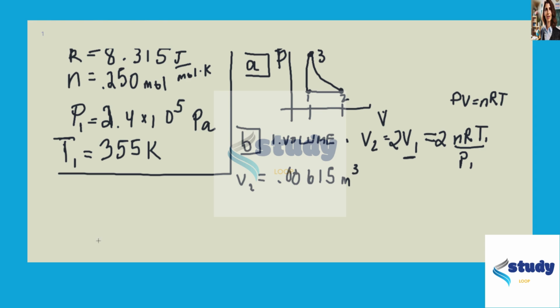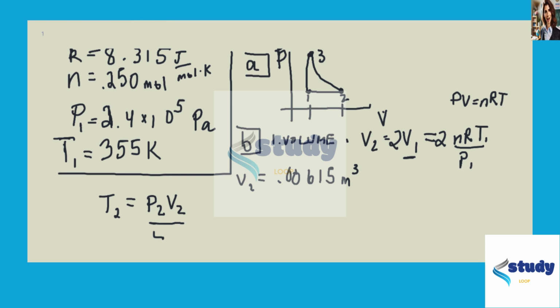And great, now I can figure out the temperature. So T at 2, which is equal to T at 3, by the way, is equal to P at 2 times V at 2 over nR.